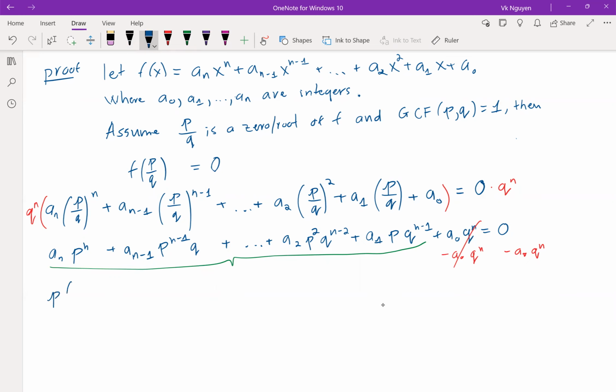Factor the p, then we get a sub n p to the n minus 1 plus a sub n minus 1 p to the n minus 2 q plus ... plus a sub 2 p q to the n minus 2 plus a sub 1 q to the n minus 1. And this would equal to minus a sub 0 q to the n.